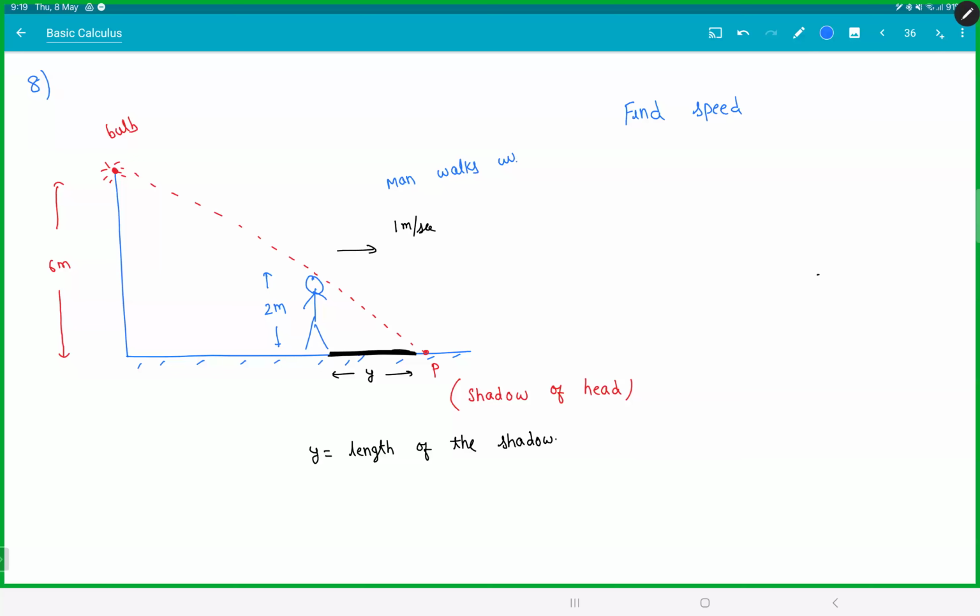Man walks with 1 meter per second. Find speed of point P. Find the rate of change of length of shadow. Means every second at what rate is the shadow becoming bigger? Your shadow ka size won't remain same. Find the rate of change of length of the shadow.